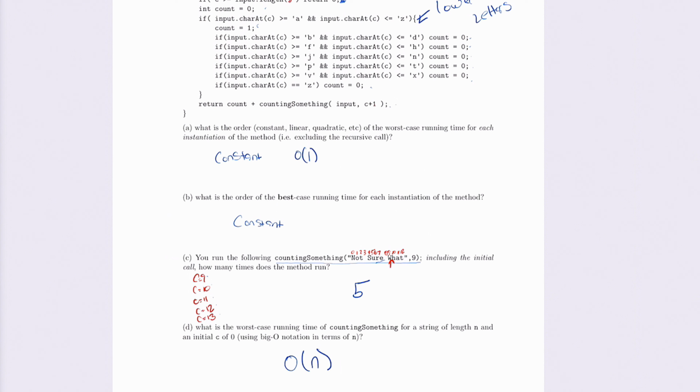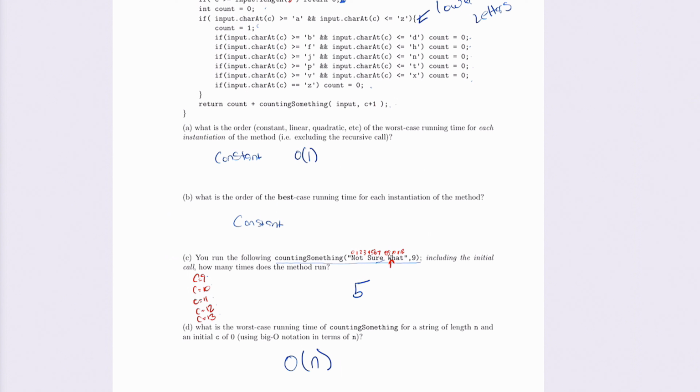And if you look here, we're going to set it back to 0 if it's B, C, D, F, G, H, J, K, L, M, N, P, Q, R, S, T, V, W, X, and Z.